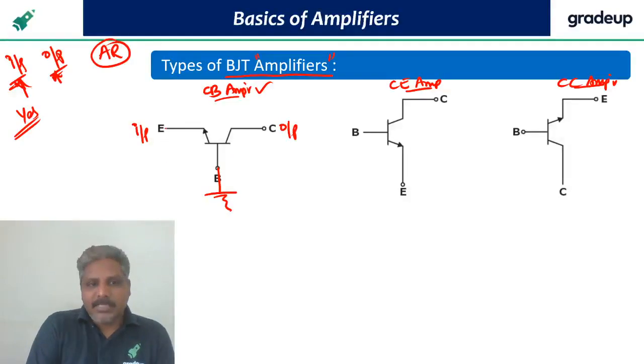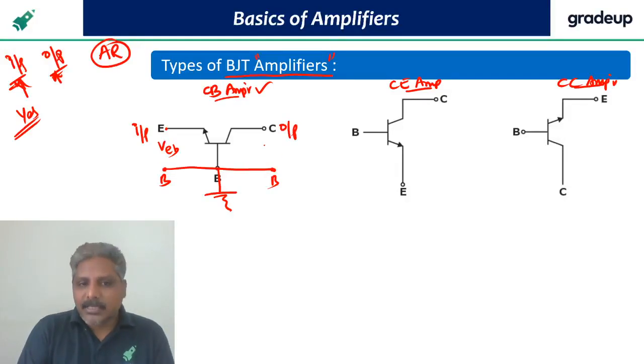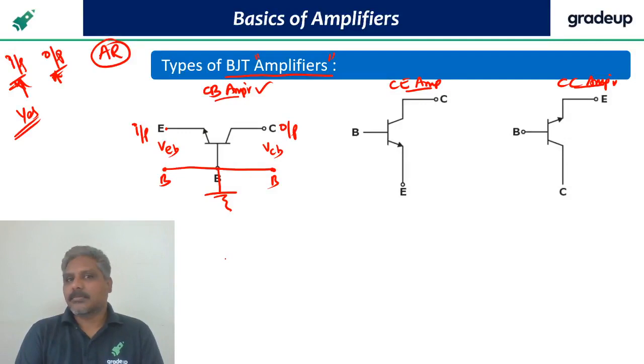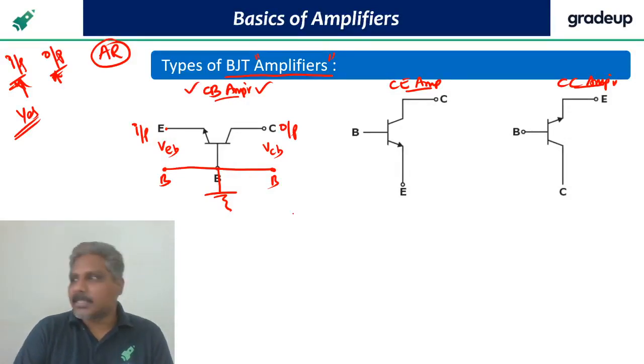That means I am going to apply input between these two terminals where base is ground. So I am going to apply the input between emitter and base. I am going to take the output between collector and base. This is called common base amplifier.